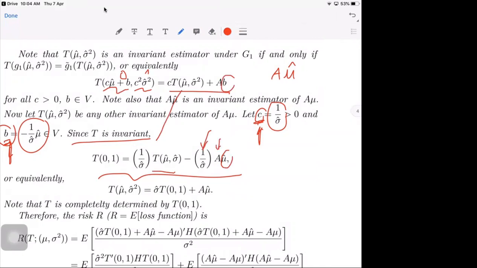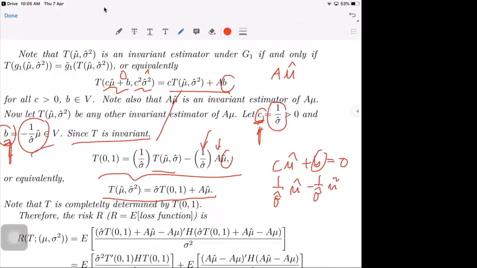Or equivalently, you can write this in this manner. Okay, so C mu hat plus B equal to 0. Since your C, you denote as 1 over sigma hat mu hat, and your B, you denote as minus 1 over sigma hat mu hat.